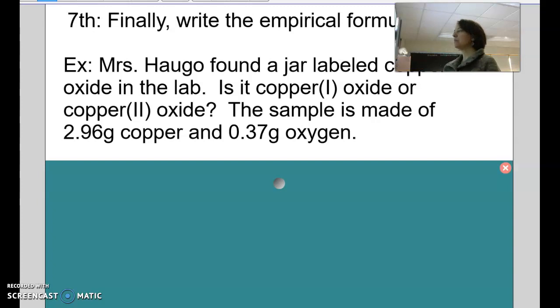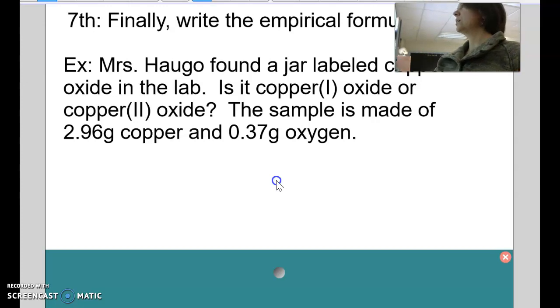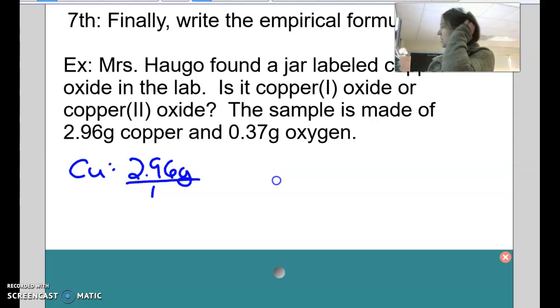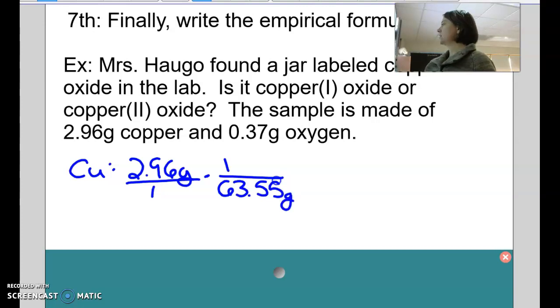Okay, let's convert copper into moles first. So if you recall, what we do is, so I'll say it's copper. We take the mass, 2.96 grams over 1, and then we're going to put the molar mass of copper down here, which we find on the periodic table. So copper is 63.55. And that is the mass of 1 mole of copper. And then we calculate that out.